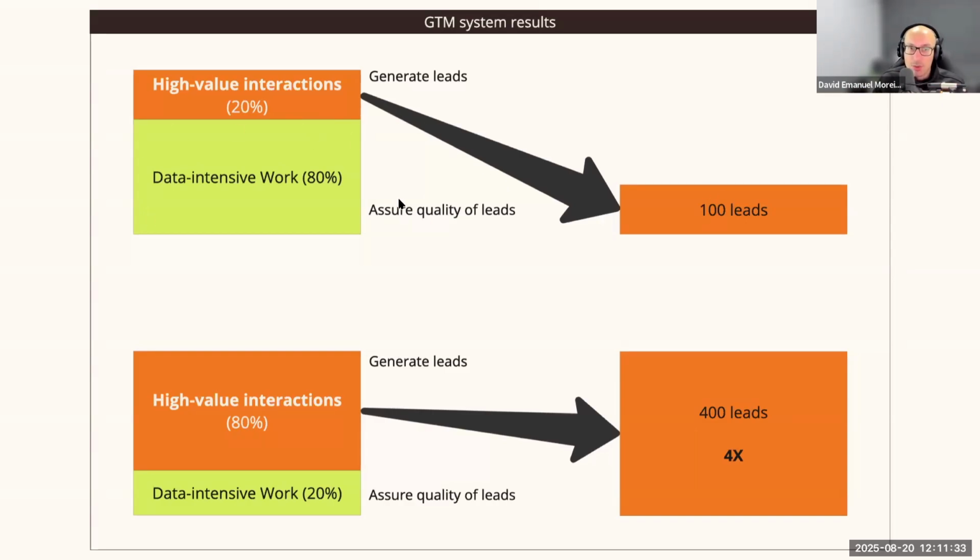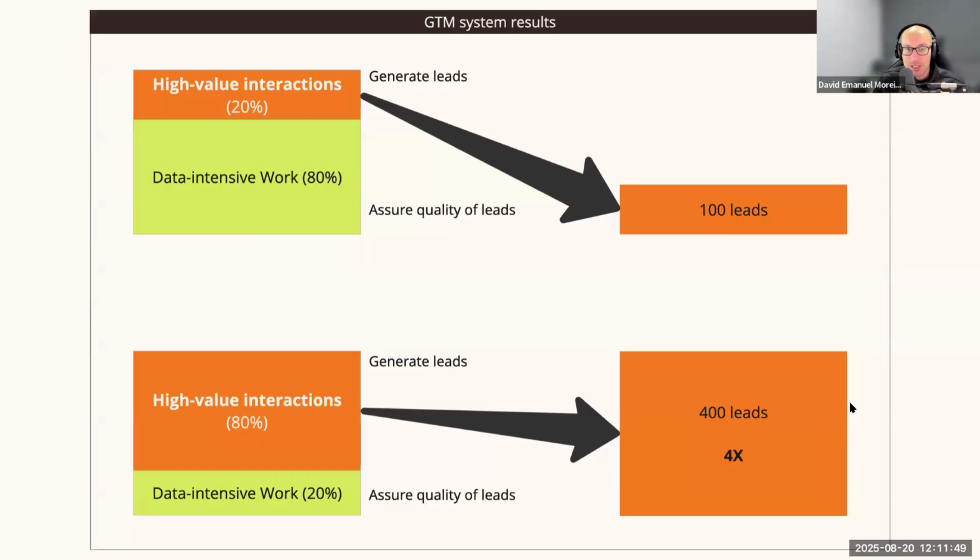The other ones are related to qualifying leads to find new opportunities. If you can automate all those tasks, recover that time, and invest it in high-value interactions, in this example, you can increase the amount of leads that you can process by 4.